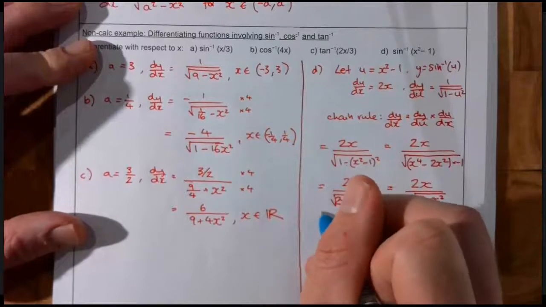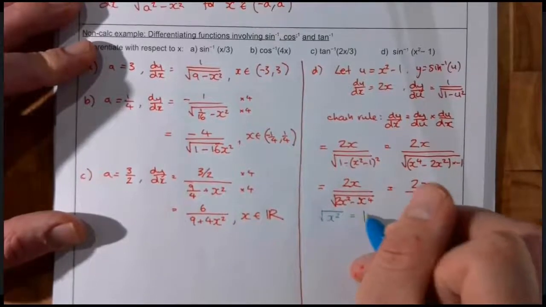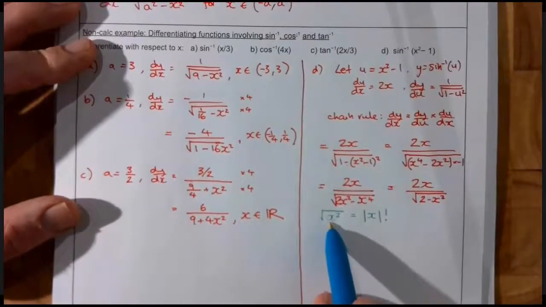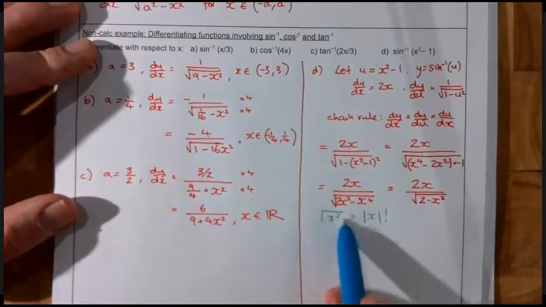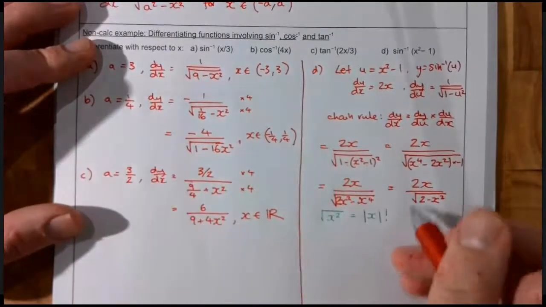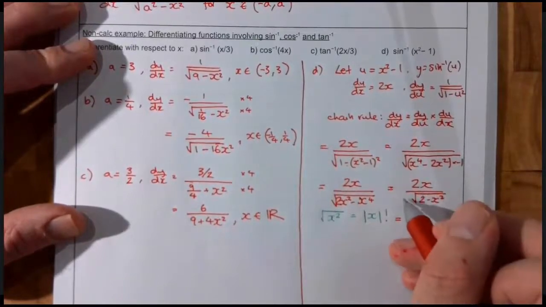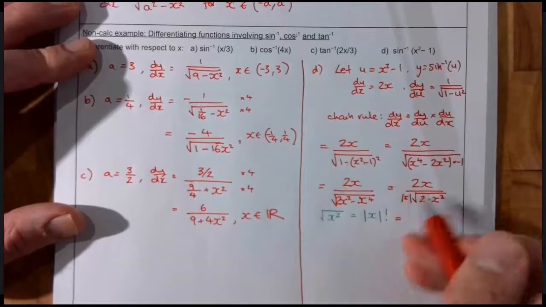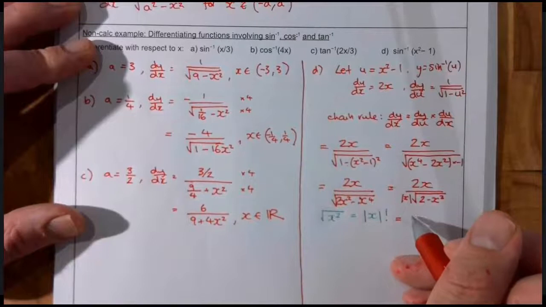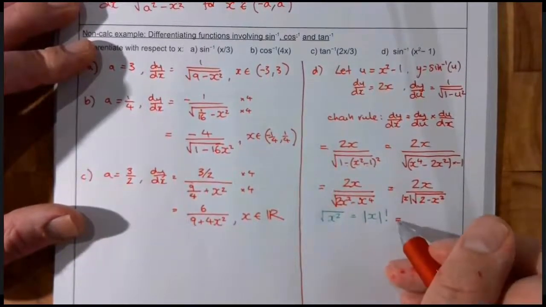What is the square root of x squared? The answer, of course, is mod x, because if x is negative this gives me the positive value, so it's modulus of x. Meaning that if I simplify what I've got here, I bring the mod x out, meaning that I have kind of plus or minus this, depending on when x is positive or negative.